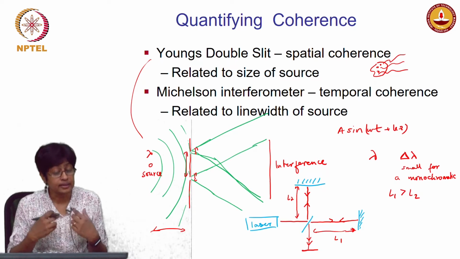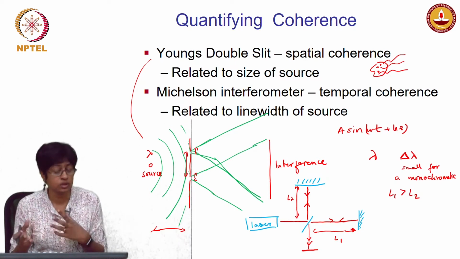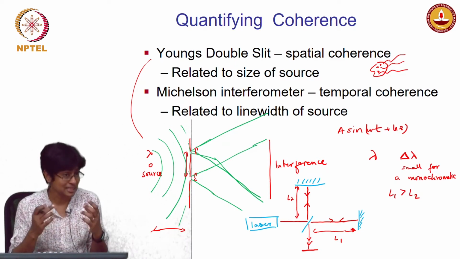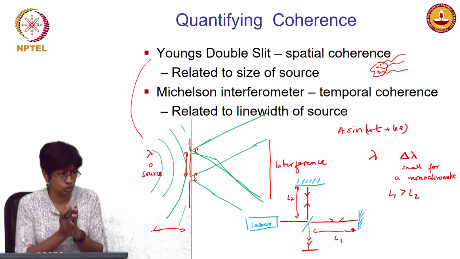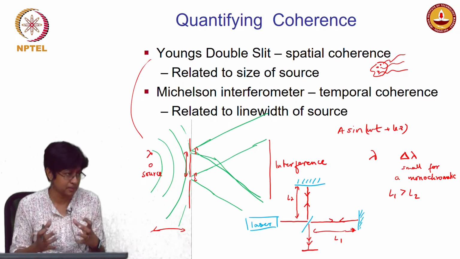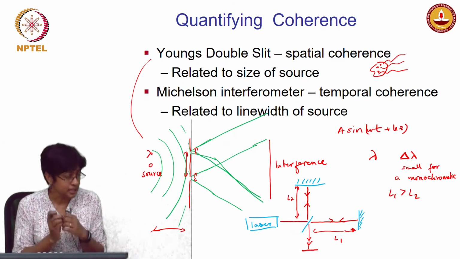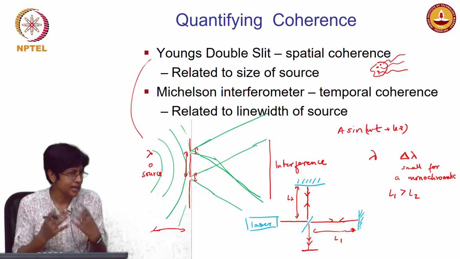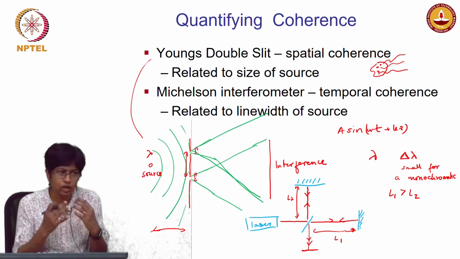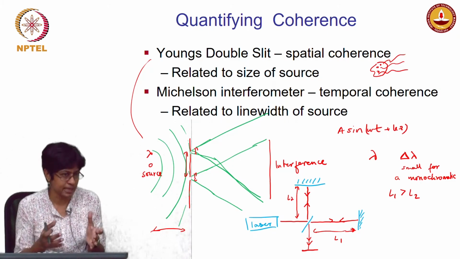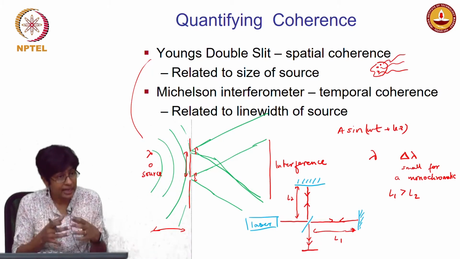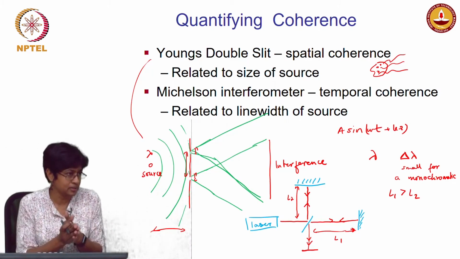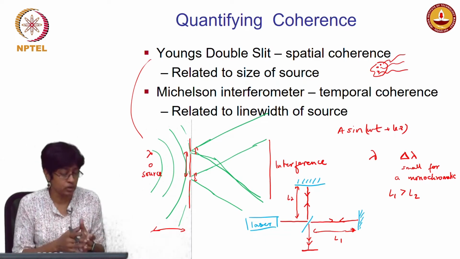Now, the spatial coherence, I told you, is already related to the size of the source, because I can consider a source that is spread in size having many emitters. But even a source that is small, even that has many emitters, and they are not all emitting at the same time. And therefore, I can relate all the different emitters to the temporal coherence.